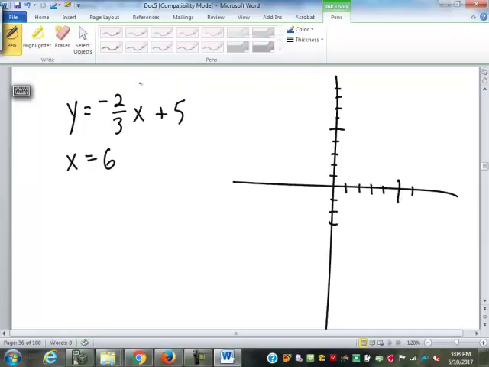So this top equation, how am I going to graph it? Perfect. I start at positive 5. I go down 2 over 3.